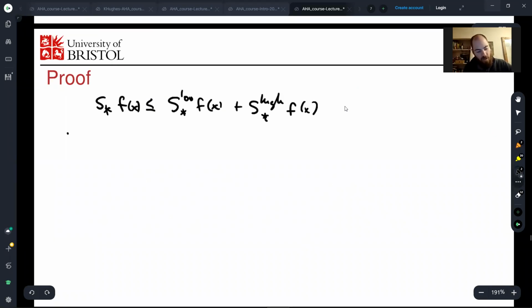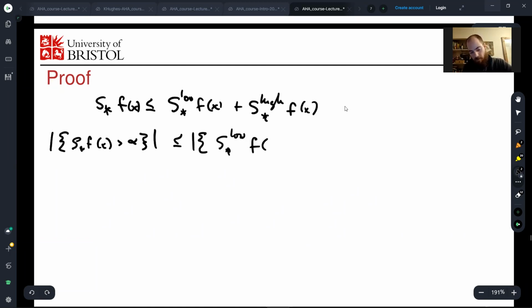And therefore, when you look at the level sets, I'll look at S star f of x greater than alpha. This is at most S low greater than alpha over 2 plus the high part greater than alpha over 2.